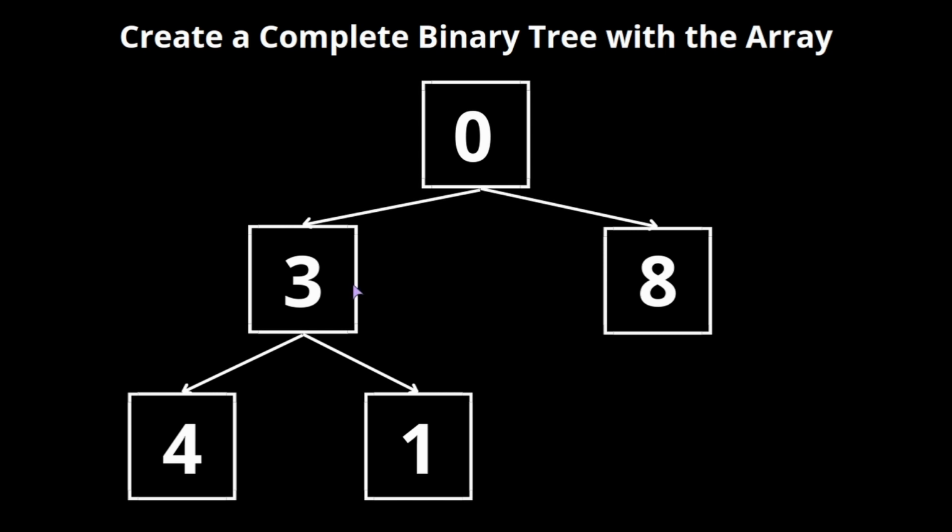But we have to pass an index that has children, right? It doesn't make any sense to pass 1 here because 1 doesn't have any children. So we have to find a way to find the first element, or the lowest element on the tree, that has children. In this case, the lowest element on the tree that has children is number 3. So we have to start calling heapify on the index of 3 here.